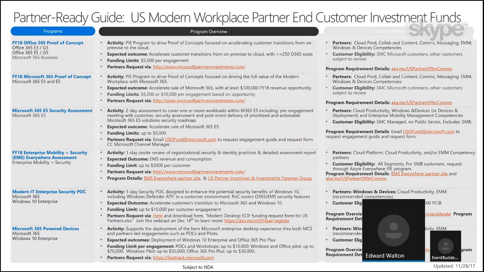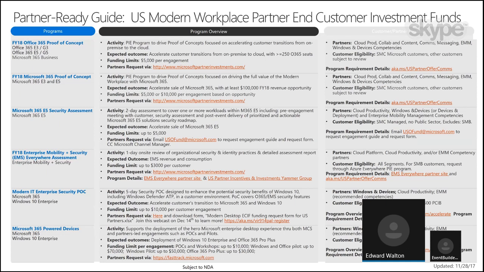In addition to the cybersecurity assessment, you also see that Microsoft has created partner-ready guides around modern workplace funding investments. These are additional funded engagements, or funded deliverables, that Microsoft will give to partners to allow them to deliver these solutions to their customers.